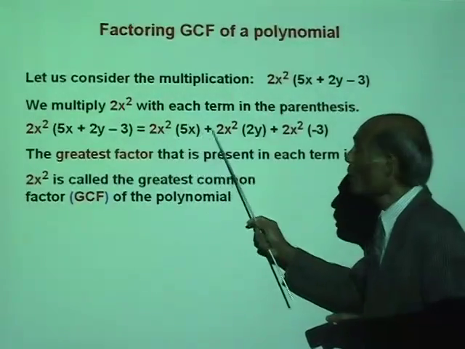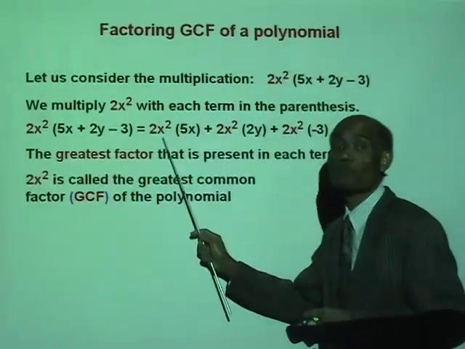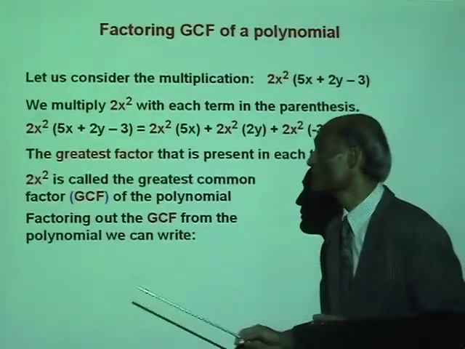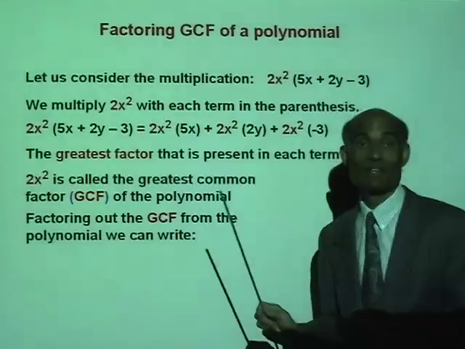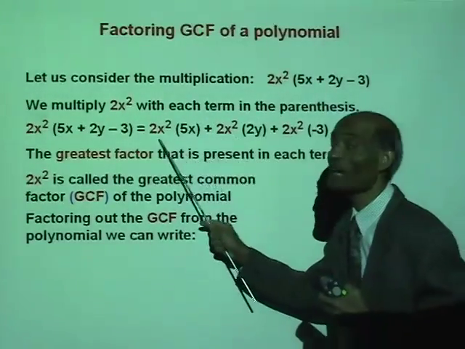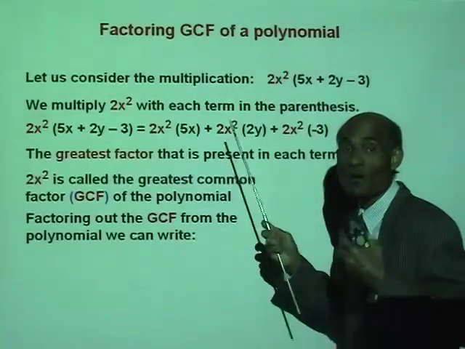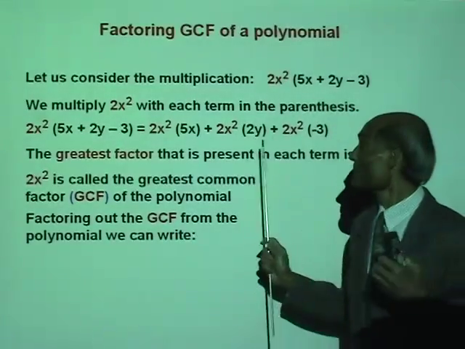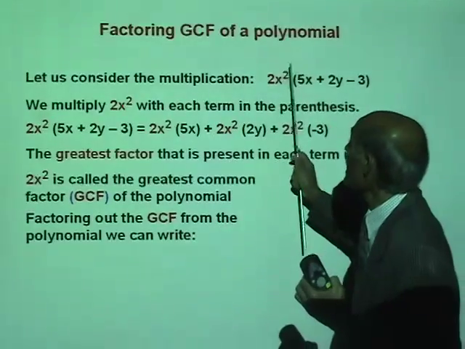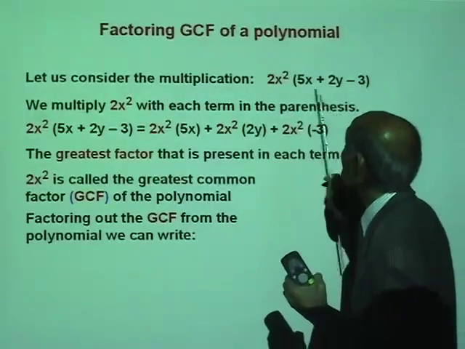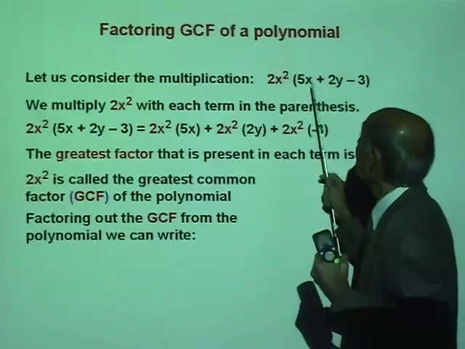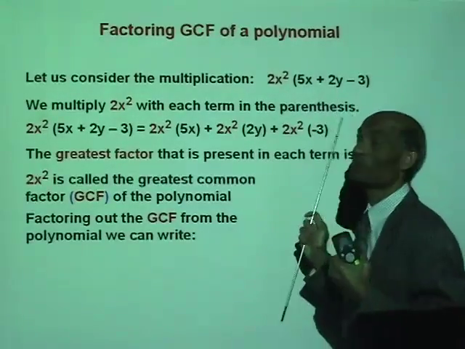Now, we are going to factor out the GCF. What is the GCF here? 2x squared. How do we factor it out? You can pick this 2x squared and bring it out and leave it outside a parenthesis, and everything else will then be written inside the parenthesis.